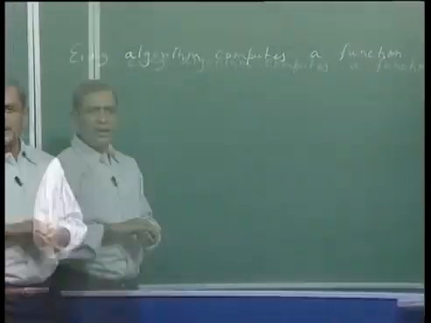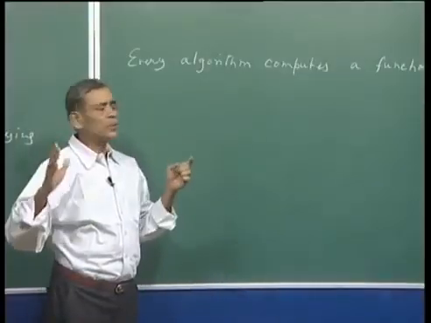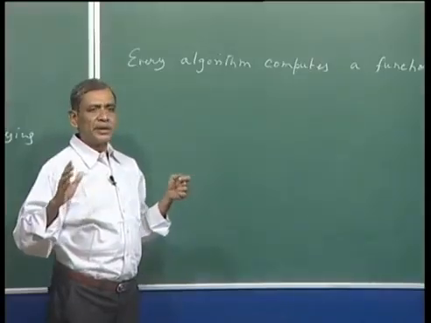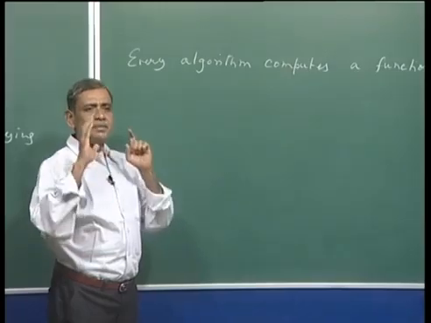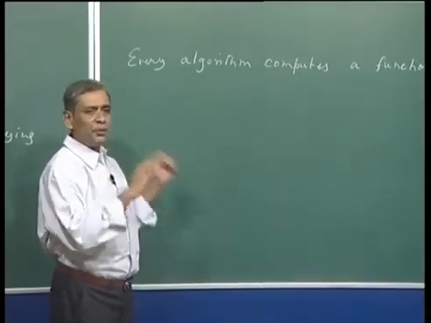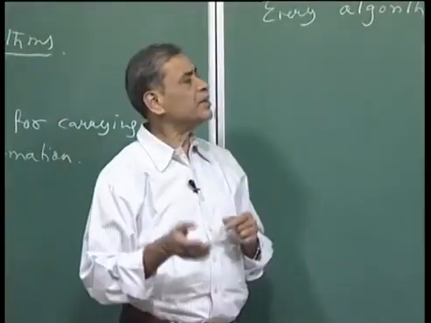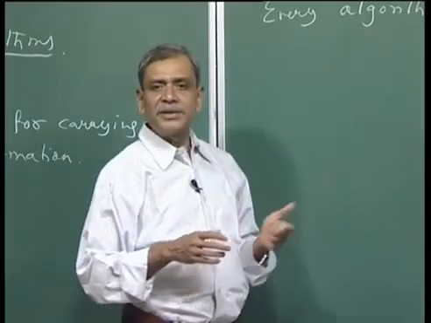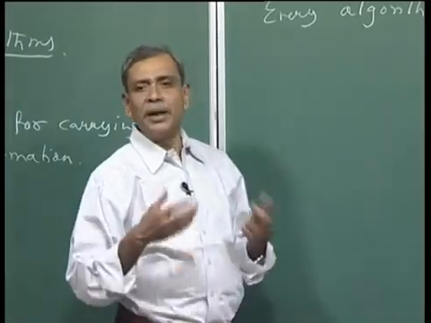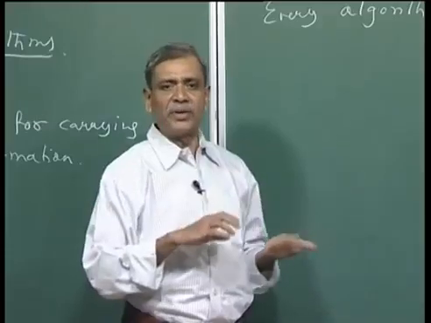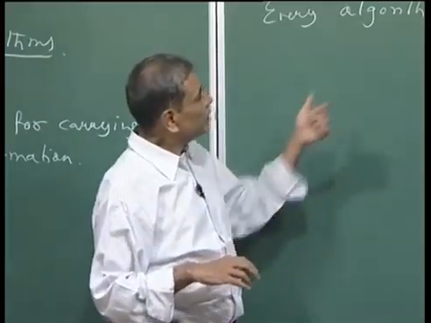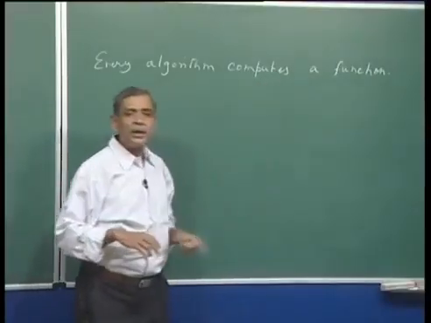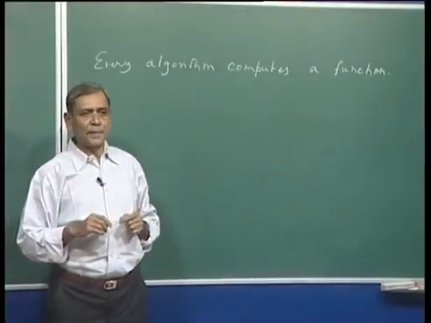We all understand function is an abstract notion which tells me that here is this mapping between input and output, domain and range, and an algorithm is telling me how to obtain the output for a specific input, right. In other words, we are using the word computes in that sense.